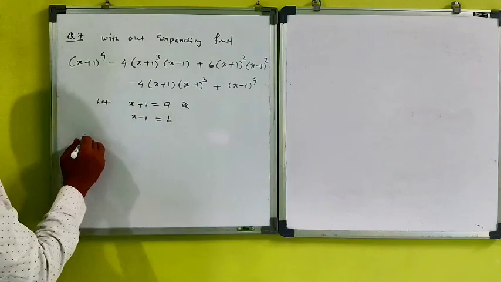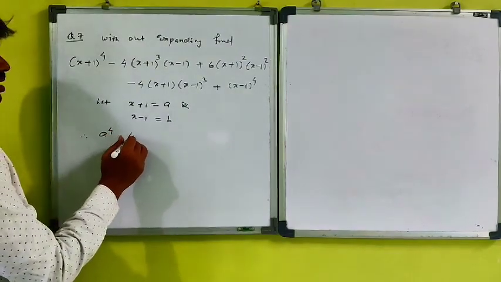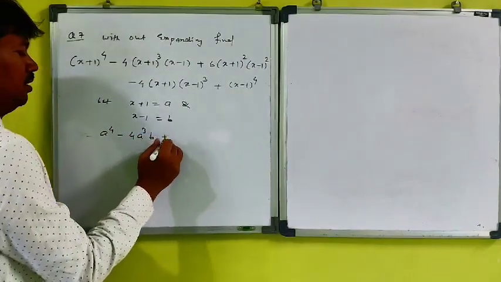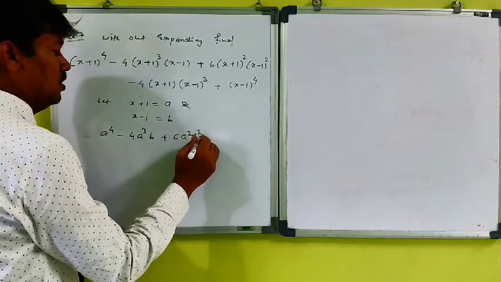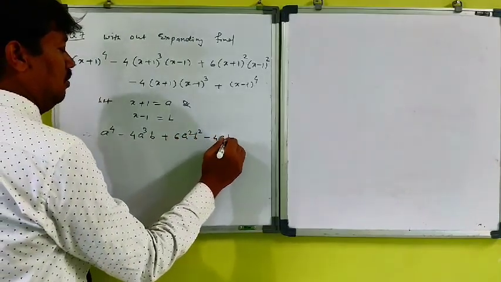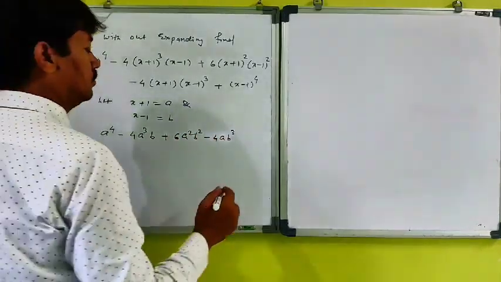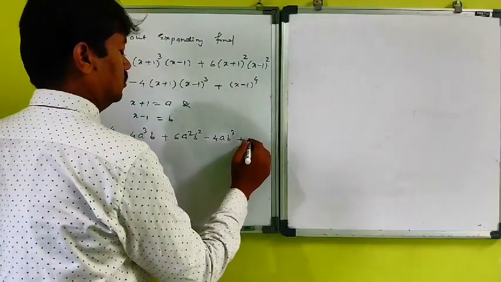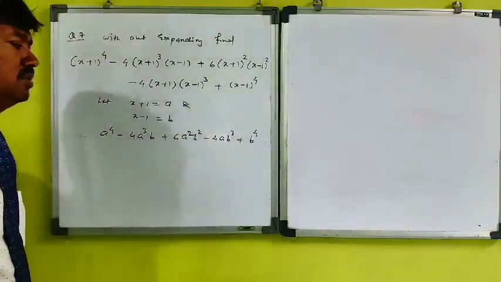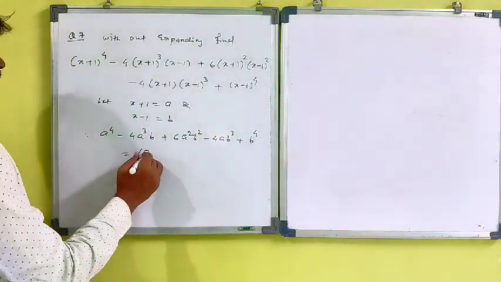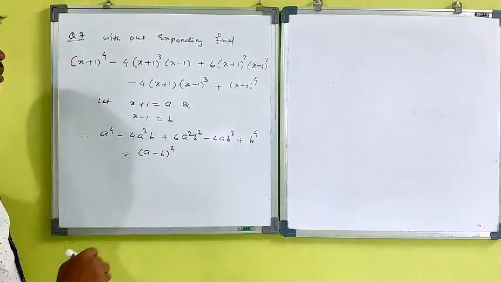So we will get the expression as a raised to 4 minus 4a cube b plus 6a square b square minus 4a b cube plus b raised to 4, which is nothing but (a minus b) raised to 4.